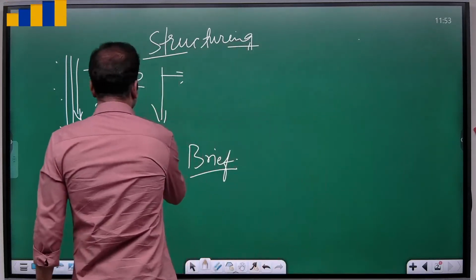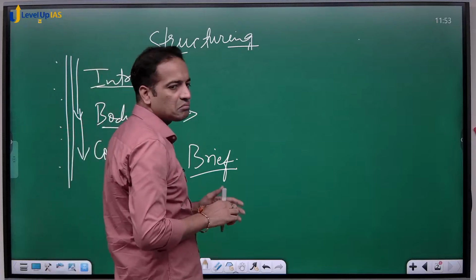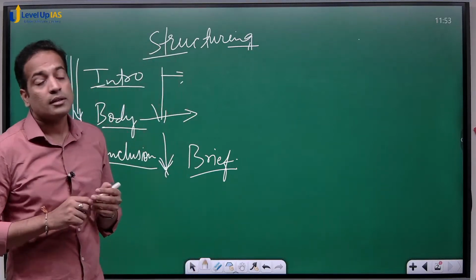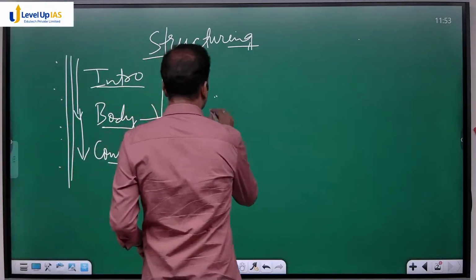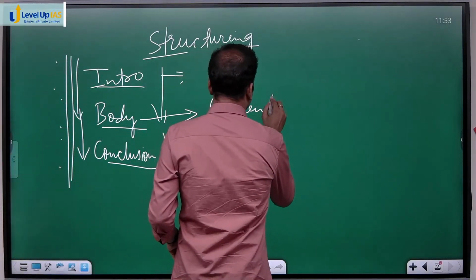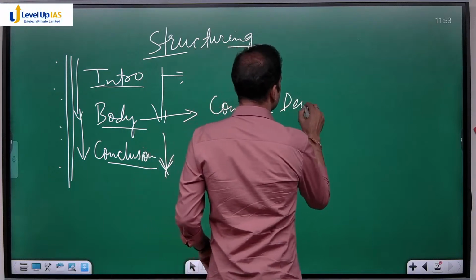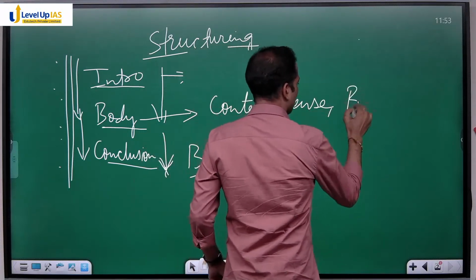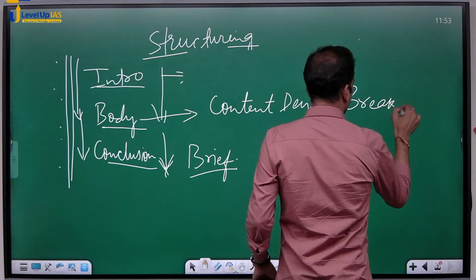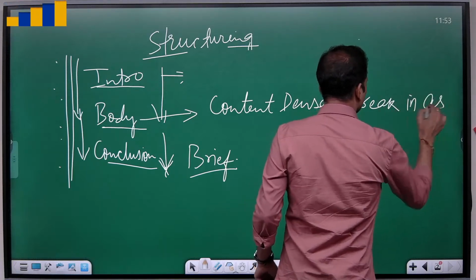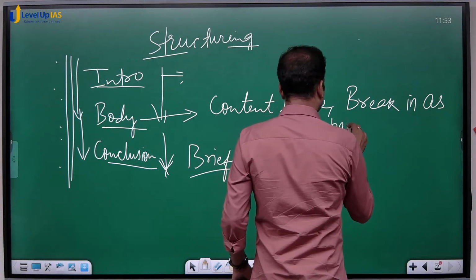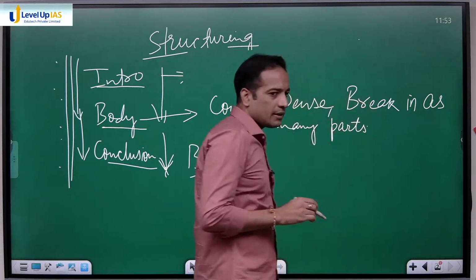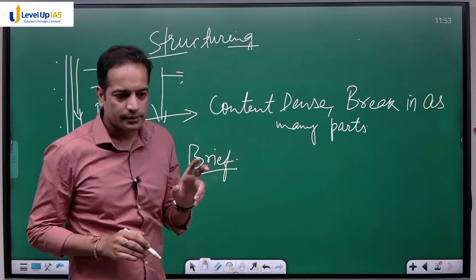Next comes the body. Body again, try to keep it content dense. Break it into as many parts as possible.